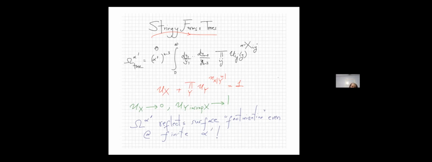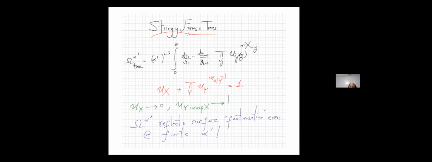And on general ground, it's guaranteed as alpha prime goes to 0 that this will reproduce the canonical form of the isosahedron, of the corresponding ABHY isosahedron. But the reason why the fact that these u's satisfy this binary equation is so important is we learned something interesting. Where do the singularities of this come from? They come when some of the u's go to 0. But when some of the u's go to 0 here, because of these binary equations, the incompatible u's go to 1.